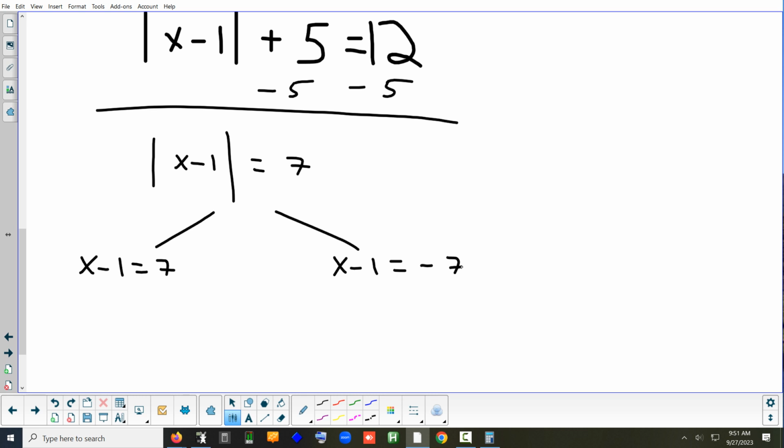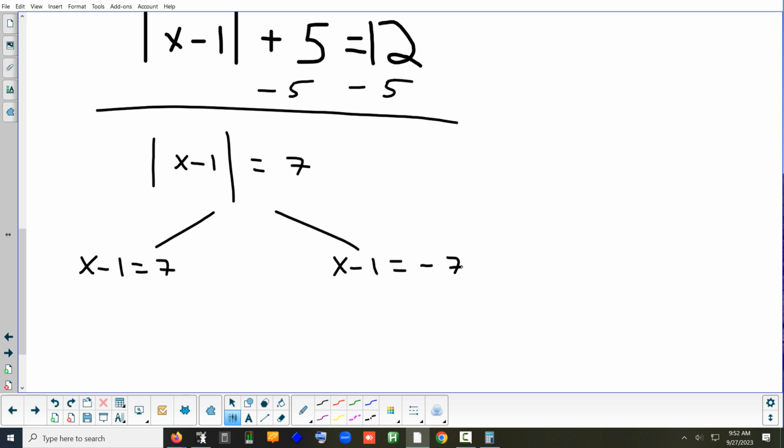Okay. And on the left, Sam, how would I solve that one? You would subtract 1 from both sides, and that would give you +8. If you subtract 1 from 7, you wouldn't get +8. You'd get 6. So do we want to subtract 1 from both sides? No, you want to add.